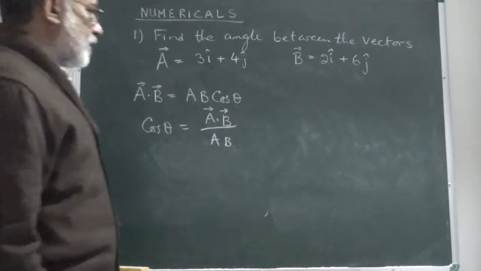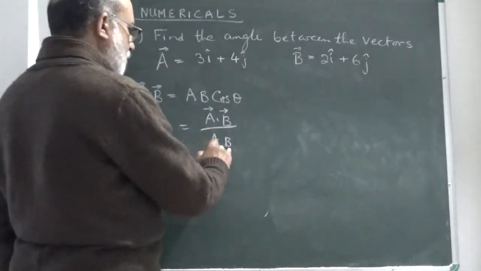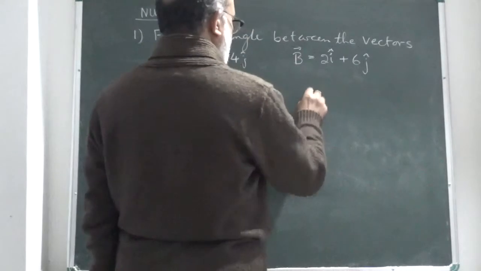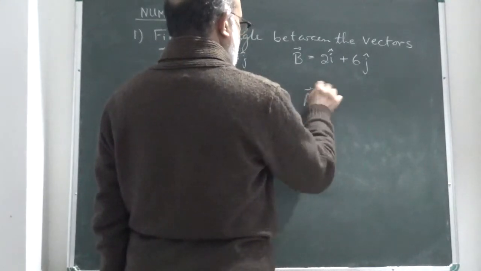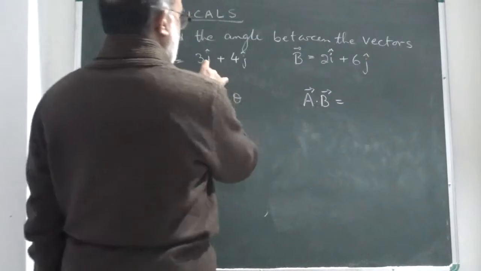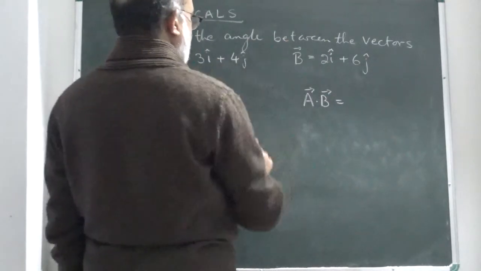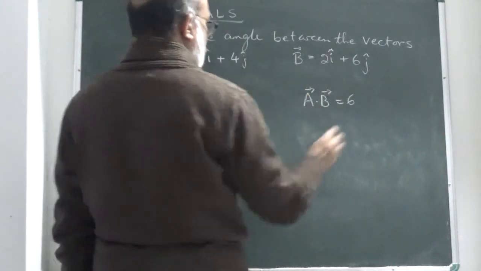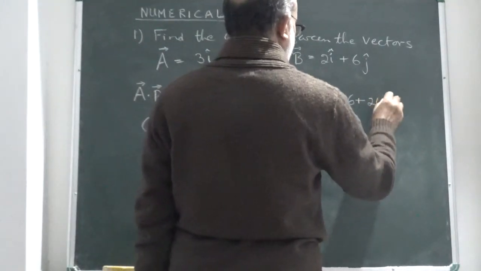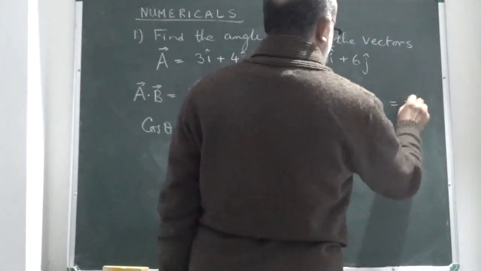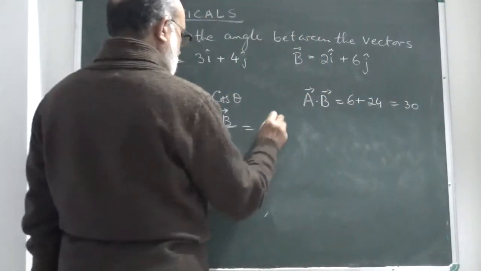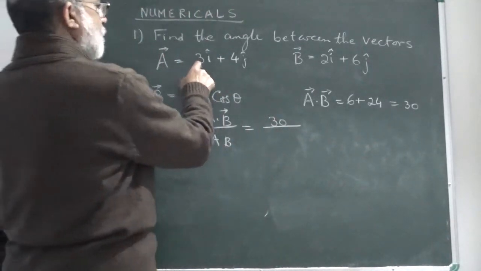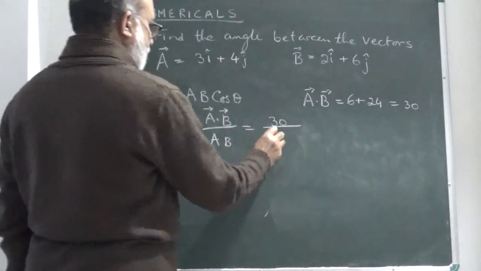This is the magnitude of A, this is the magnitude of B, and this is the dot product A dot B. A dot B we have just found out: 3 twos are 6 i dot i, that is 6, i dot j 0, j dot i 0, j dot j 24, so it is 30. And the magnitude of A is the root of 3 square plus 4 square, that will be 5.